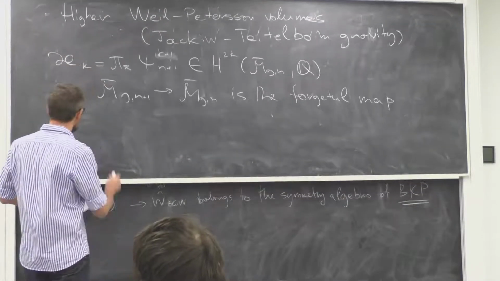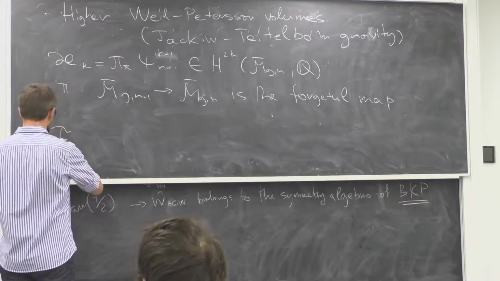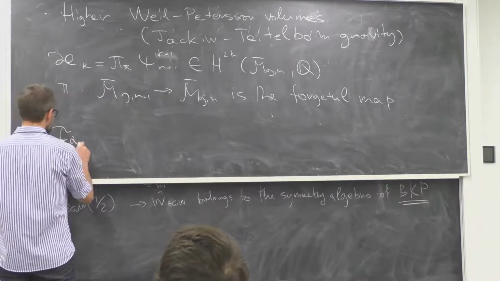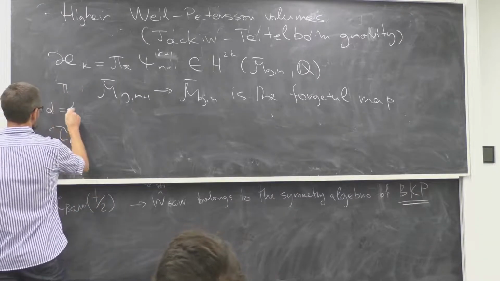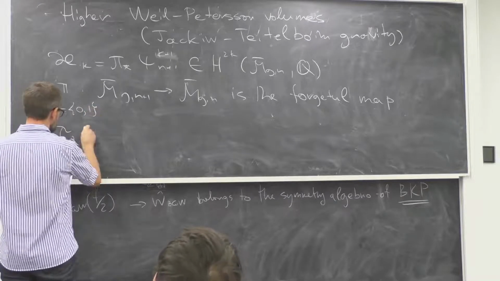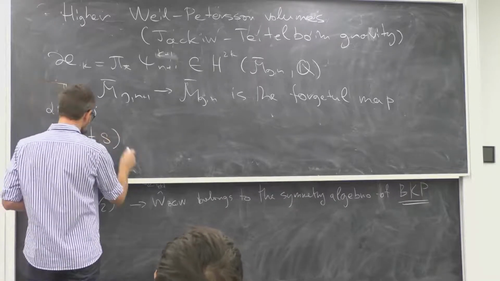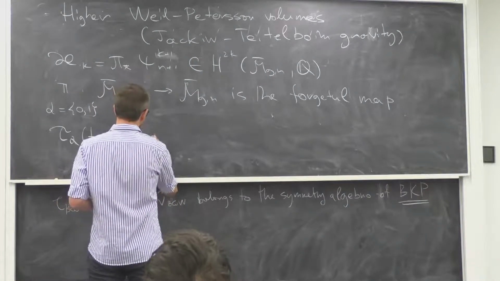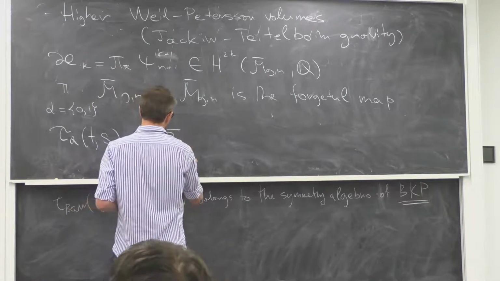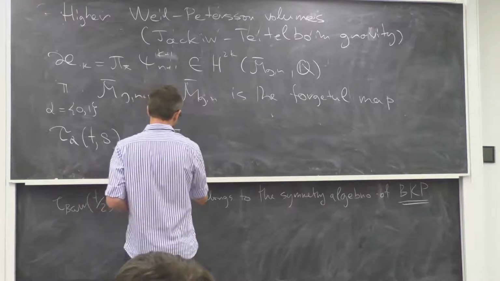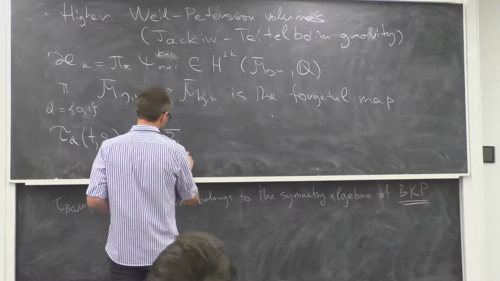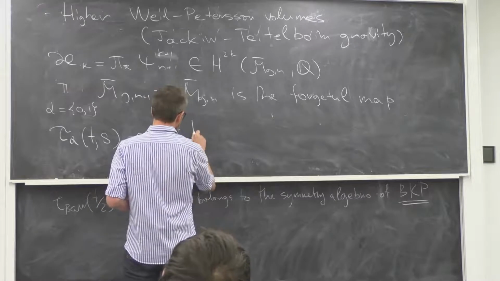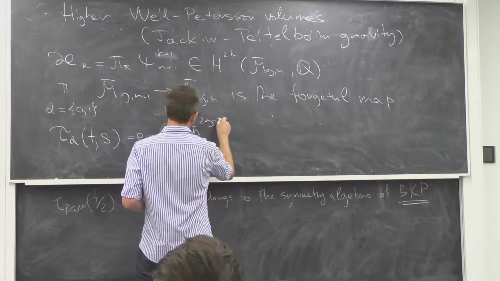And we introduce two generating functions, tau alpha, for alpha equal to 0 and 1.